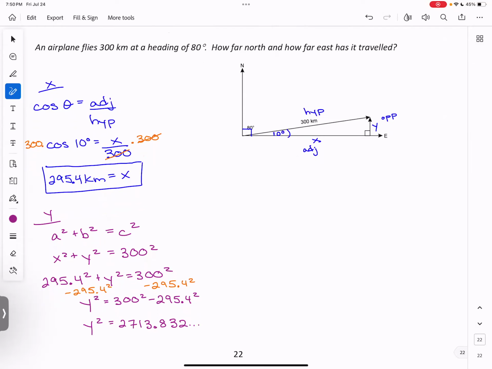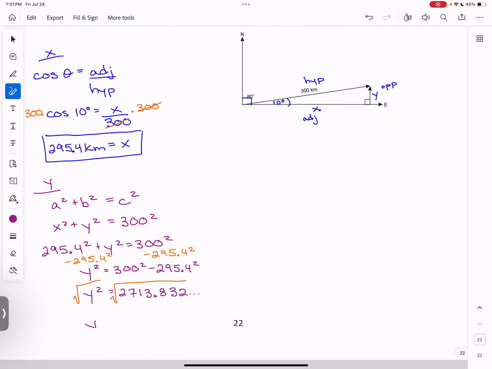And then I'm going to square root both sides. Which gives me, to the nearest tenth, 52.1 kilometers.